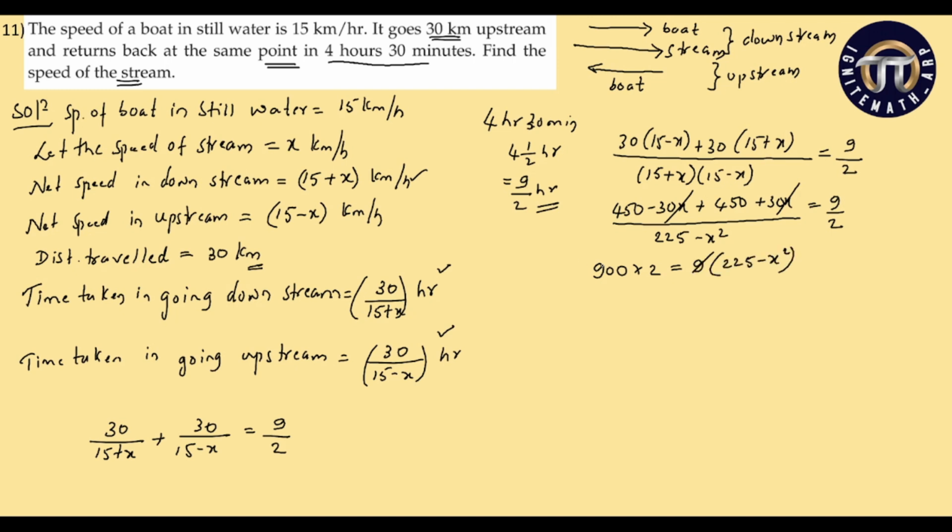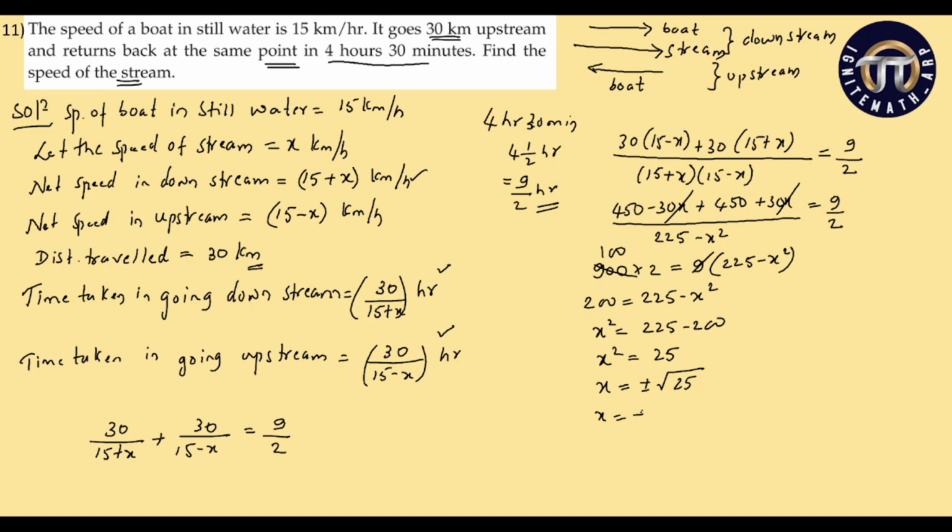So here 9 ones are 9, 900s I can cancel. So I can write this one as 200 is equal to 225 minus x square. So x square is equal to 225 minus 200. So x square is equal to 25. Okay, so x is equal to plus or minus square root of 25.